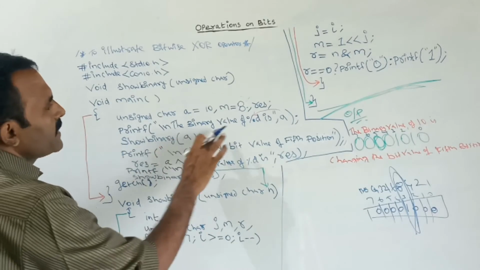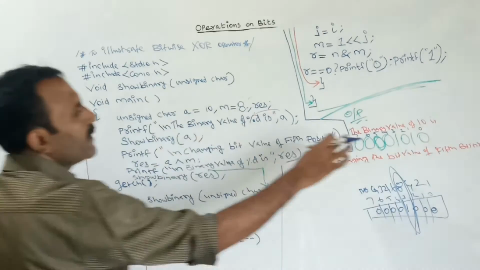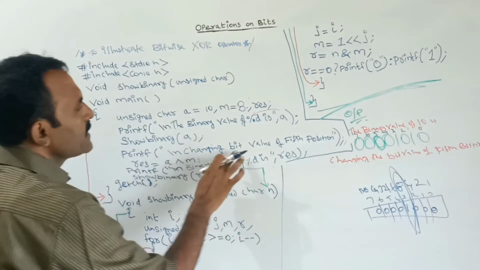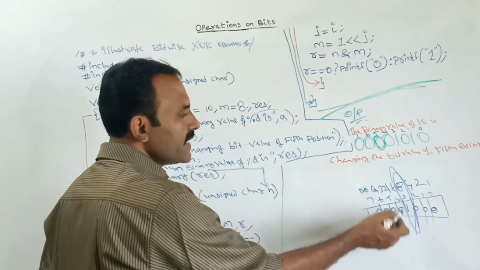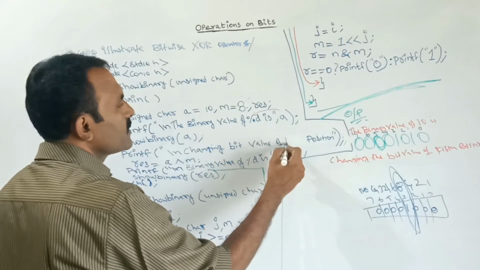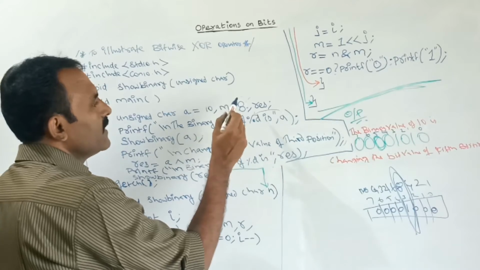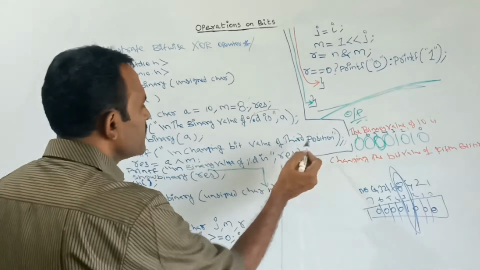Next, binary value of %d is A, that is this A value, the binary value will display here. After that, printf changing the bit value of, now which position value are you going to change? 3rd position value. So here you change this fifth to third, because the mask value 8 is used to change the third position. So here you change this one.